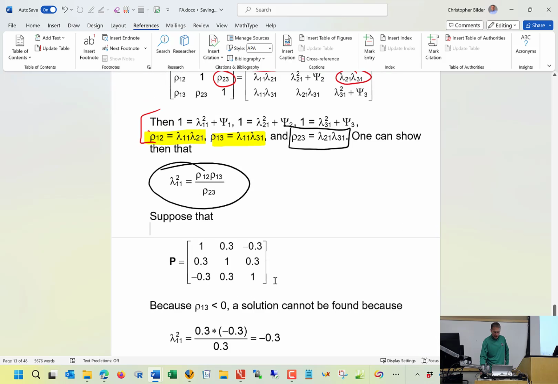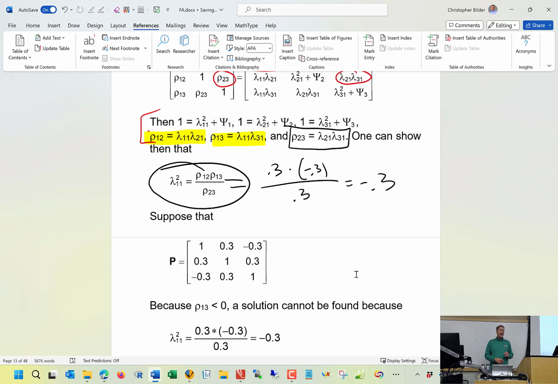Here's the problem that can occur. Suppose my correlation matrix is what's shown there. Notice in the 1, 3 element we have a negative value. So if I put in row 1, 2 is 0.3, row 1, 3 is negative 0.3, row 2, 3 is 0.3, I get negative 0.3 in the end for what lambda 1, 1 squared is equal to.